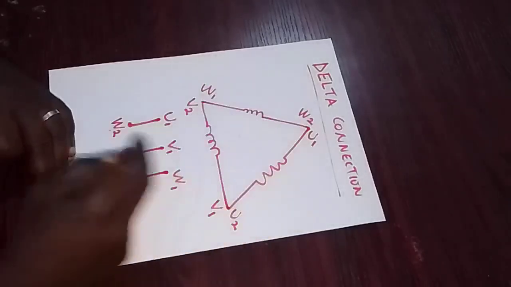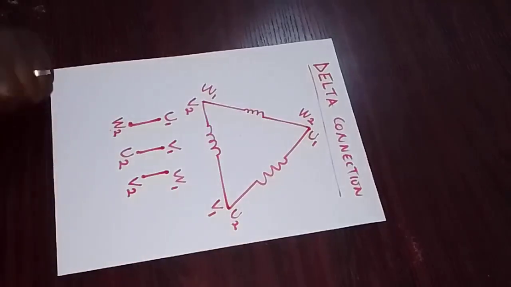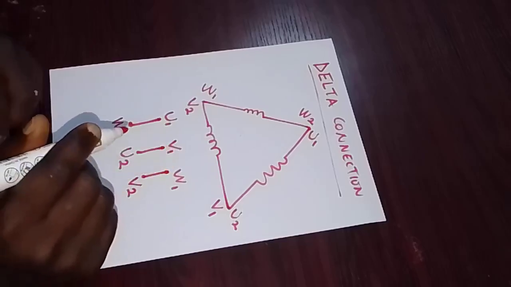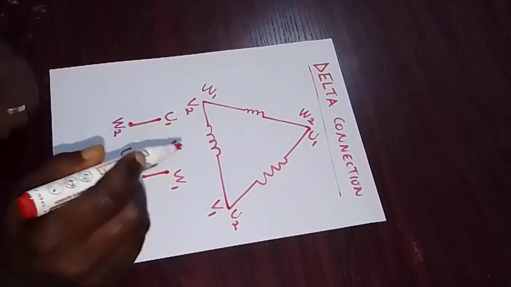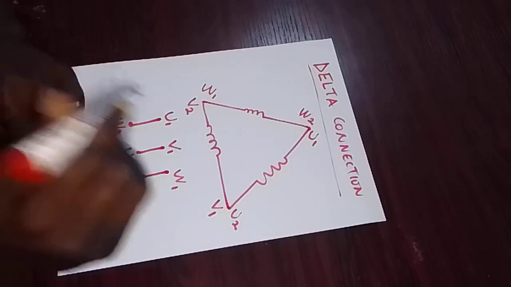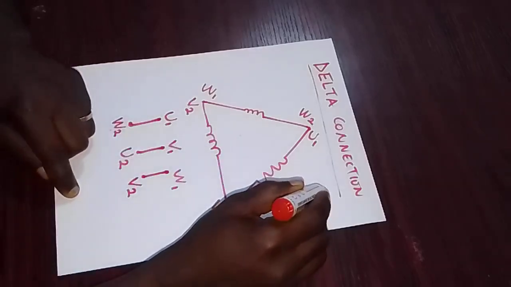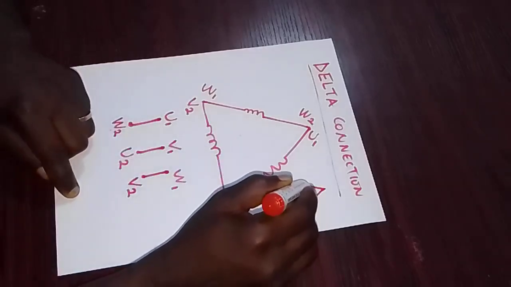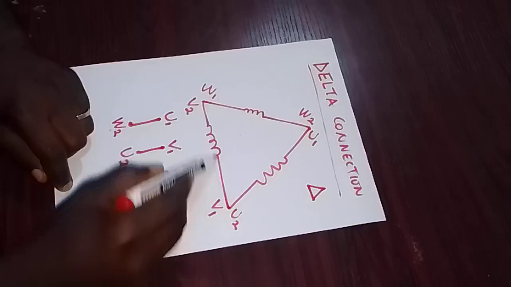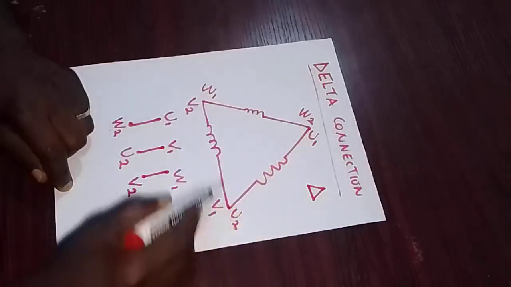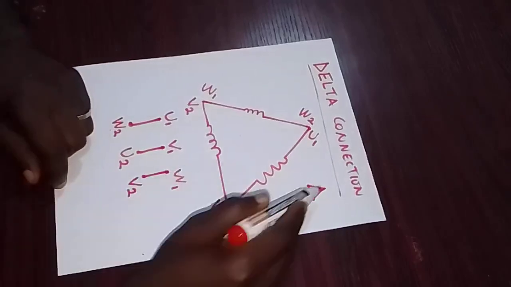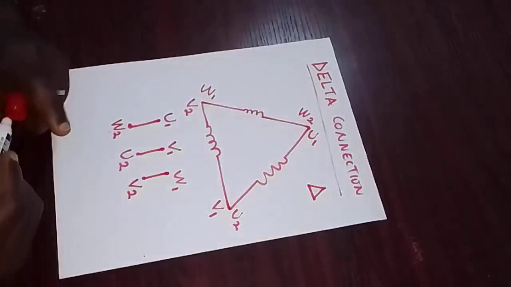So in your terminal box, or on the nameplate, the symbol normally used for delta is this symbol. Just trying to show you how the coils are connected. A triangle is used for that.